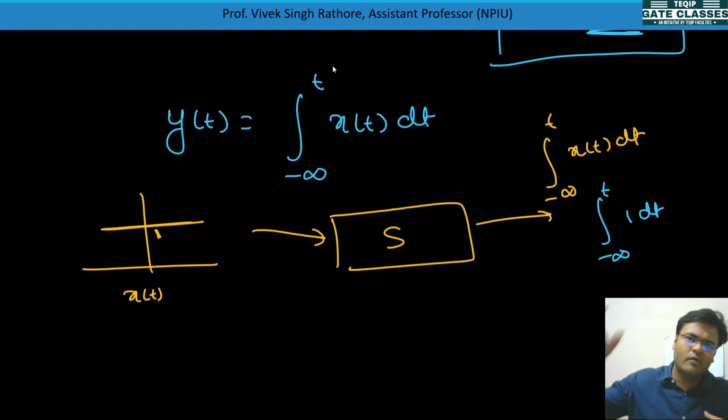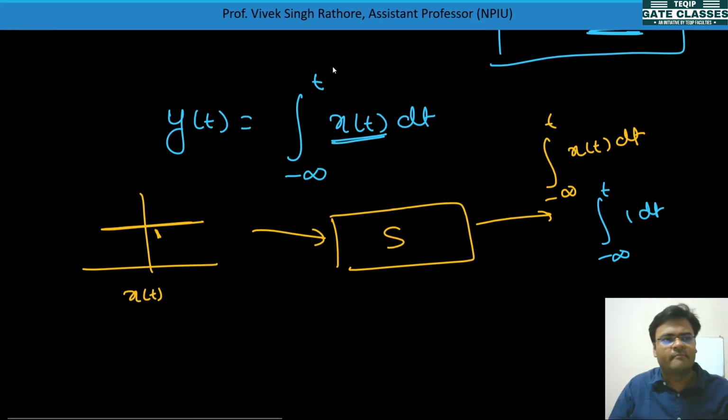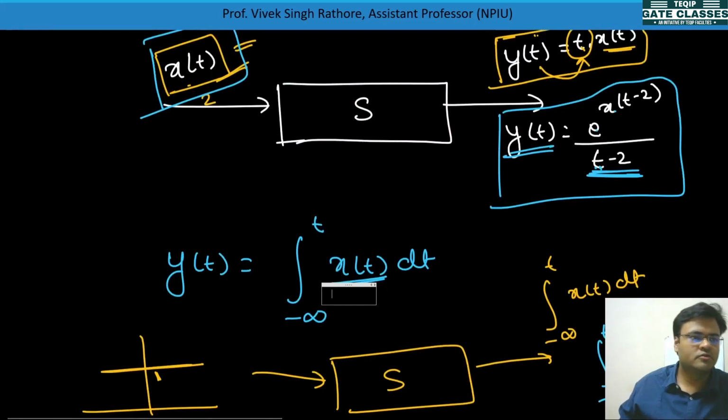Its value will go to infinite only. Whether your x(t) is bounded, no problem, but for the value of the integration, if it is minus infinite to t, then we can think of it as a finite value. But if the integration is minus infinite to infinite, the value will be infinite only, and there the system will be an unbounded system. So now we'll go with our last system, the last classification.